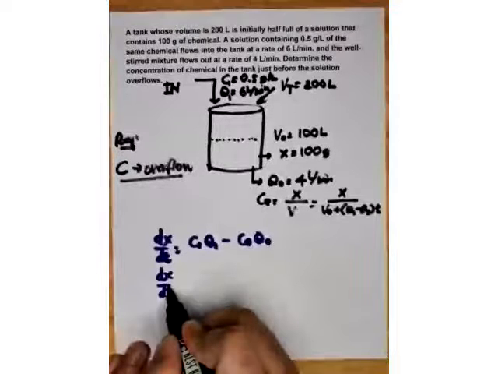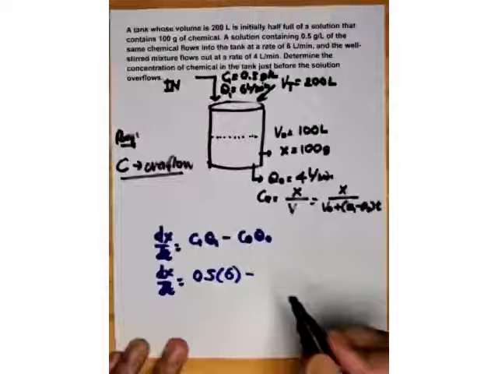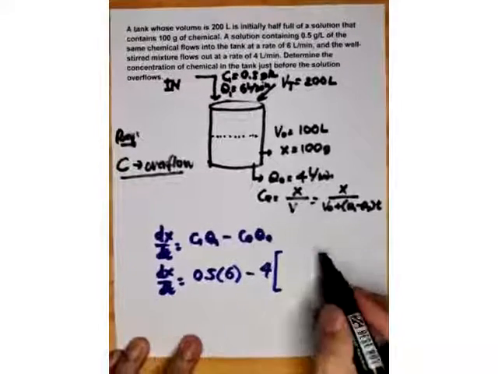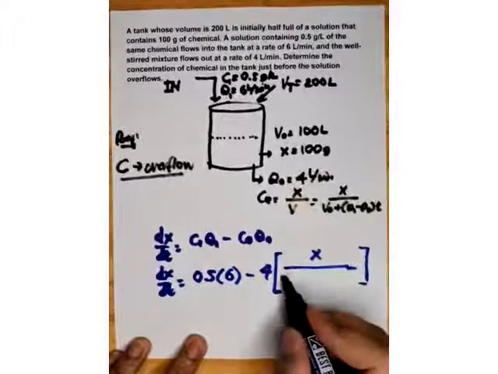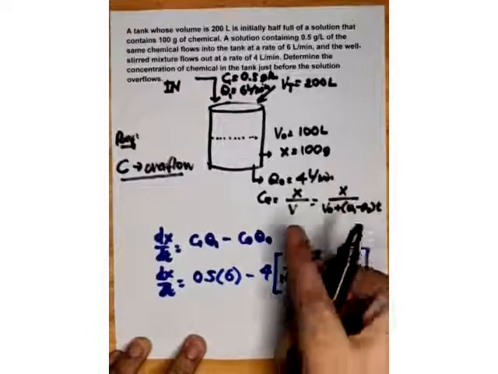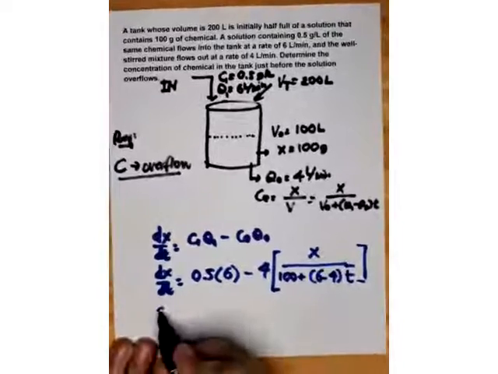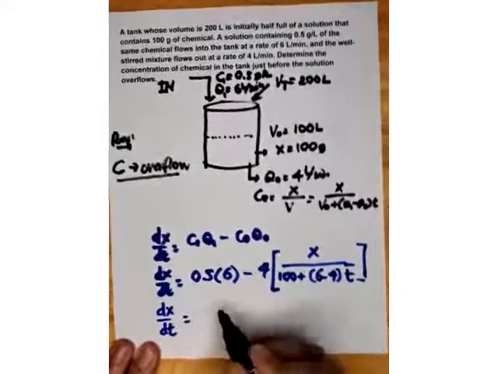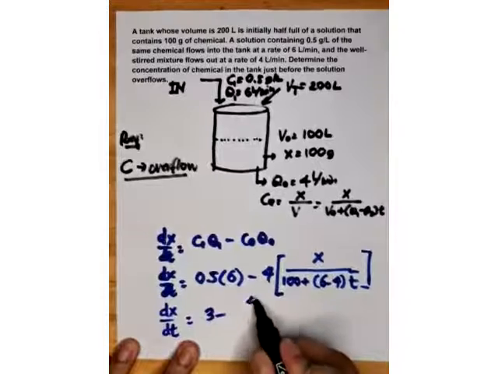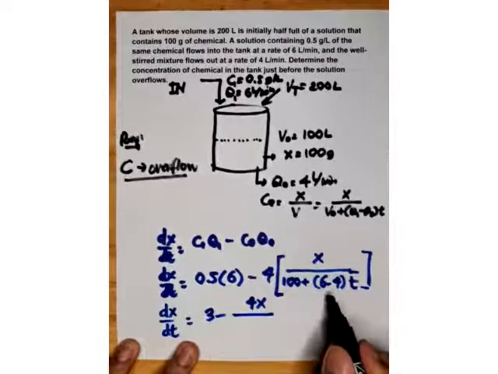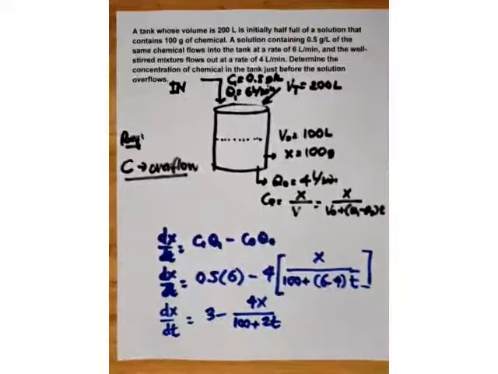So dx over dt is equal to, CI natin is 0.5 times 6 minus yung 4 times a quantity, x over, okay, so V initial natin ay 100 plus yung QI natin is 6 minus 4 times t. So therefore, dx over dt is equal to 3 minus 4x over 100 plus 2t.